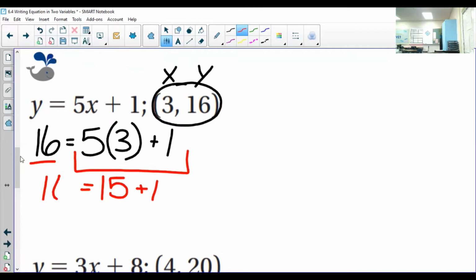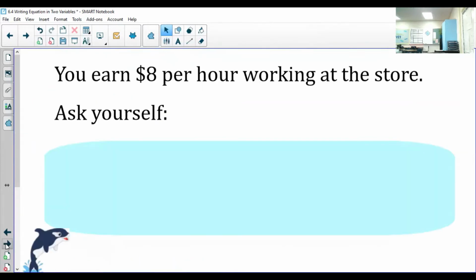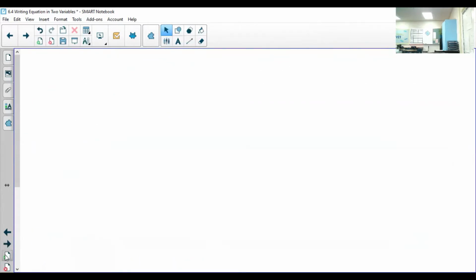Bring down the rest of it. Now I'm going to do the addition. 15 plus 1 is 16 equals 16. Is this true? Yes.